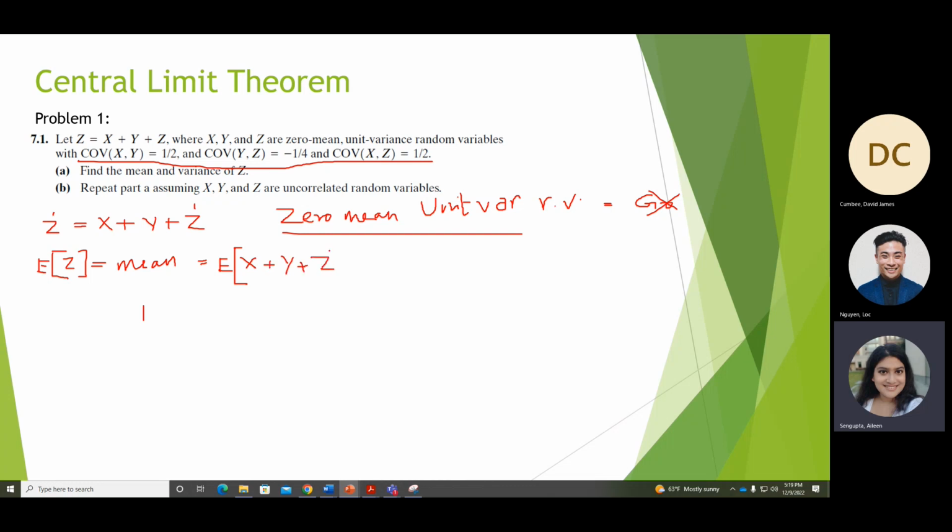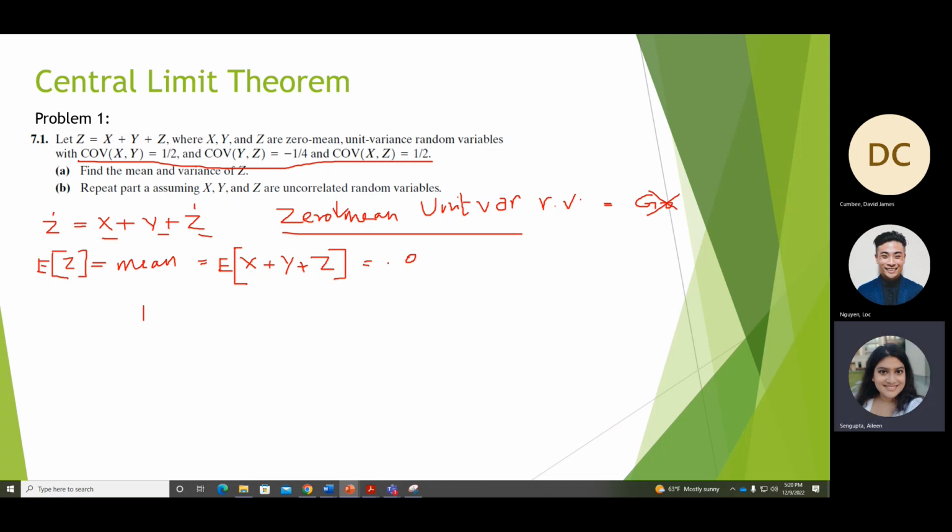From that, we know the mean of x, the mean of y, and the mean of z, and they are all 0. So this entire thing is 0, because that's given to us. Each of them is 0 mean, so this should not be too hard to find.